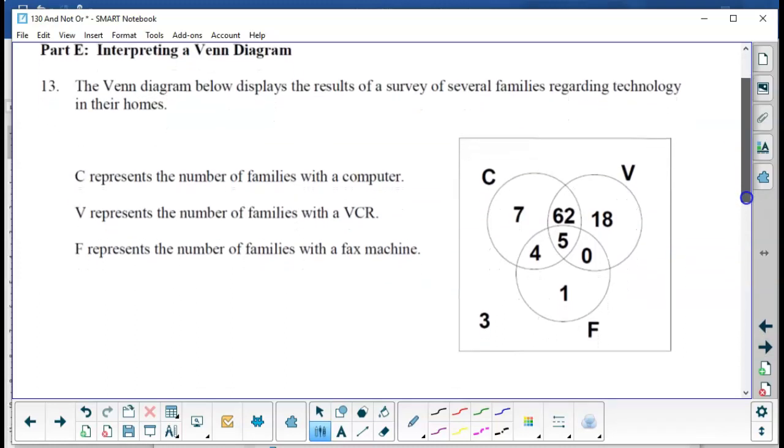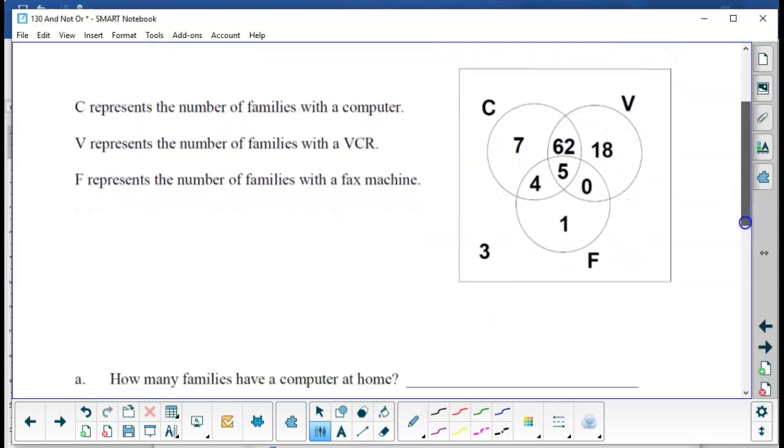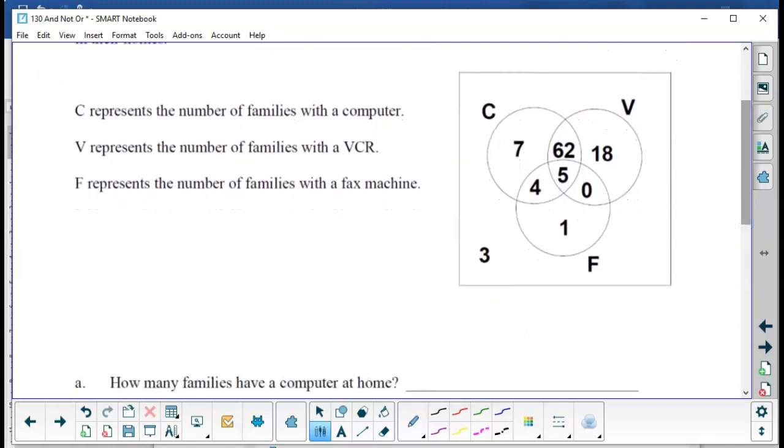We may have updated yours to be at least a DVD player, but bear with us. So C represents the number of families with a computer, V, VCR, F, fax machine. And again, a lot of people don't have fax machines either unless they're business people, because you can have a scan, right? In any case, looking at that, so there's different parts to this.